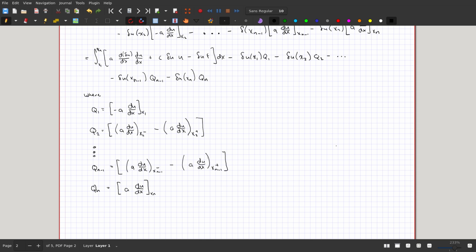And this is x2 minus and this is x2 plus, okay? So the x2 minus means that this term comes from the interval on the left side, or the negative side, of the x2 node, and this term comes from the positive side of the x2 node, okay? But these are fluxes, right?